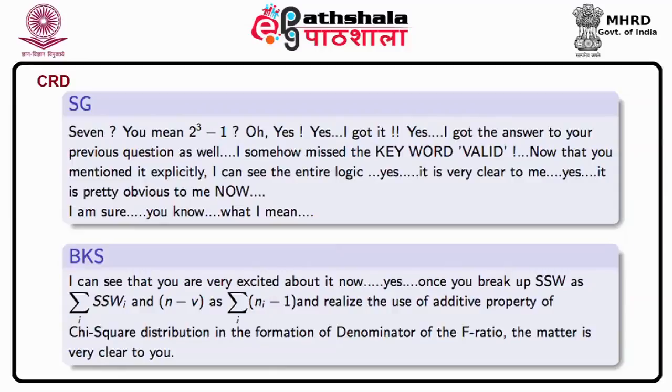Yes, once you break up sum of squares W as a summation of within component variations and n minus v as summation ni minus 1 and realize that you are basically using the additive property of chi-square distribution in the formation of the denominator of the F ratio, the matter should be very clear to you.